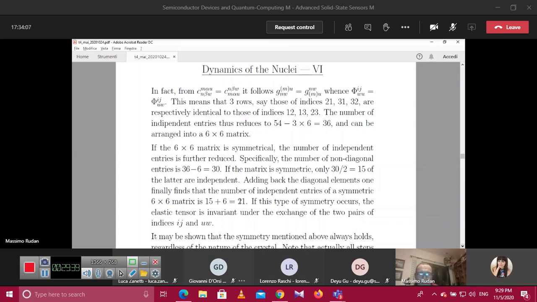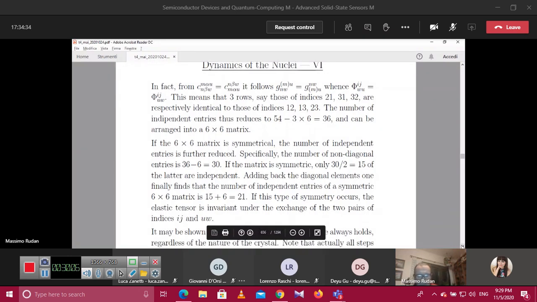So no other property of the lattice has been used to reach this level of simplification. So we can always reduce the full elastic tensor to 21 independent elements. Okay, so there is a figure that shows the procedure again here.